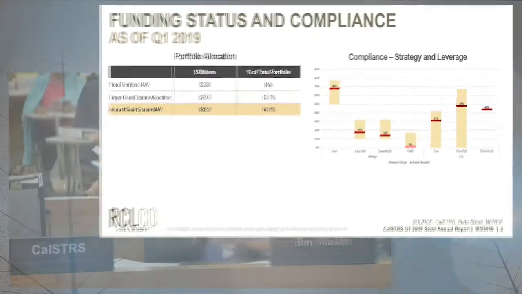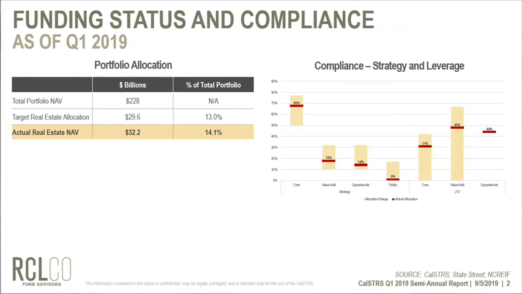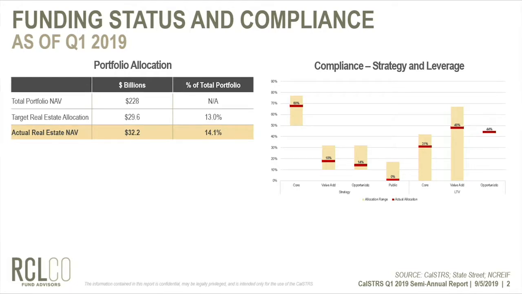So slightly above target and higher than it was a year prior. And the fluctuations in the allocation are due to a couple reasons. One is that there's been volatility in the global equity markets, which is the largest asset allocation within the portfolio, whereas real estate has generally been quite stable.